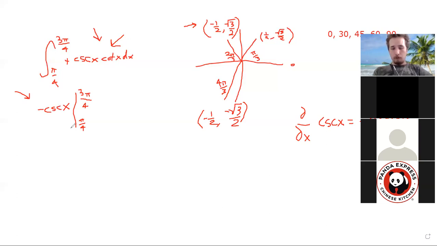What is cosecant equal to? Do we know what cosecant's equal to? It's 1 over something, and Javi is correct. So negative cosecant is equal to negative 1 over sine.